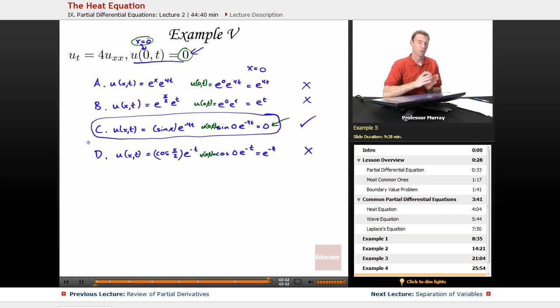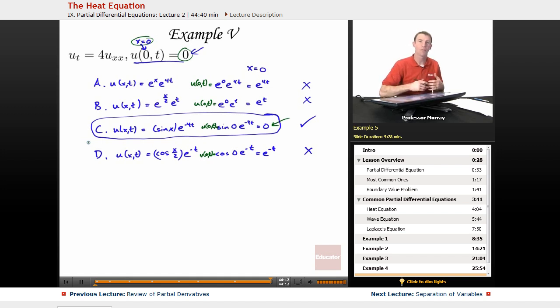So let me just remind you what we did in this lecture. We learned how to interpret all the different conditions that come packaged with a partial differential equation, and we learned what each one of them means physically. We didn't actually learn how to solve a partial differential equation, but I hope now that you're a little more comfortable with interpreting each one of those initial conditions and boundary conditions that you would receive as part of a boundary value problem along with a partial differential equation.